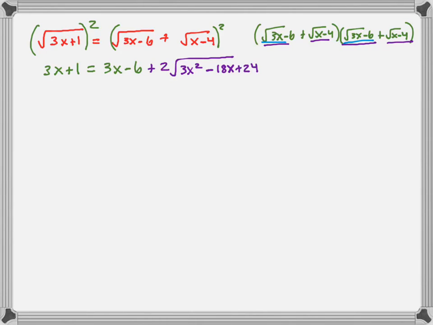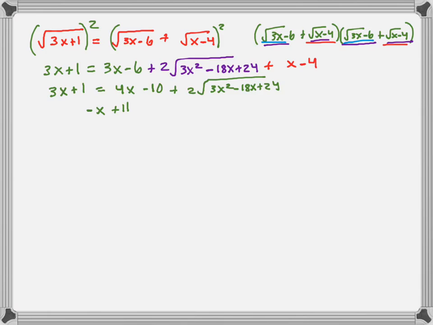So I'm just going to say we have 2 of those, and then if we multiply the last 2 together, we get plus x minus 4. So now if we combine this all, we get 3x plus 1 is equal to 4x minus 10 plus 2 root 3x squared minus 18x plus 24.